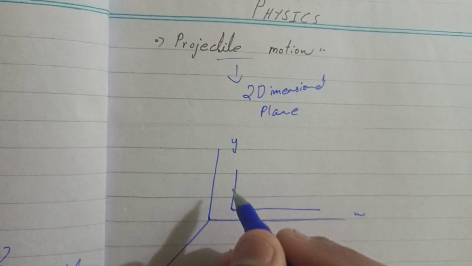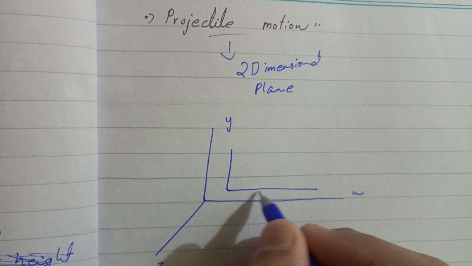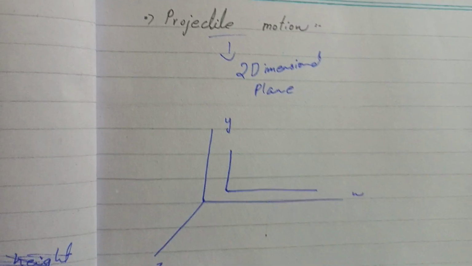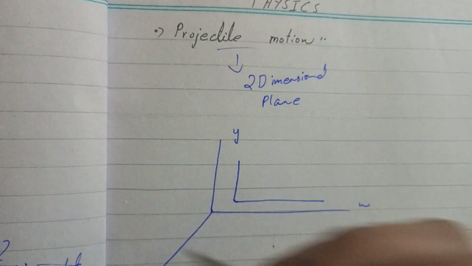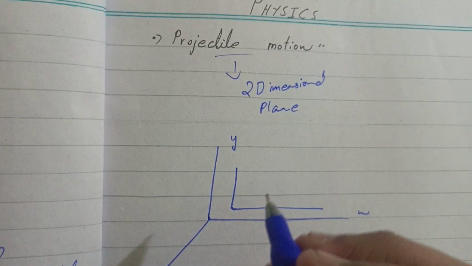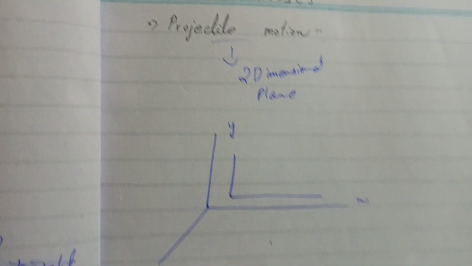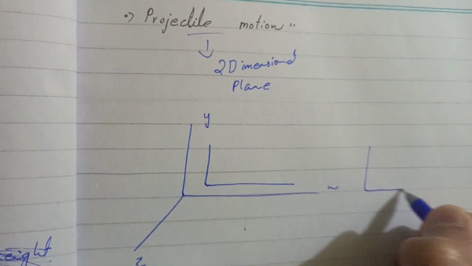For example, if you are running or walking, you go along the x-axis. This is an example of x. And if you're talking about y, when you use a lift, it goes upward and comes downward. So this is an example of y. Now you will ask what an example of projectile motion is.